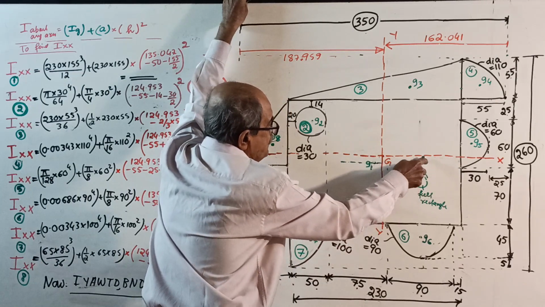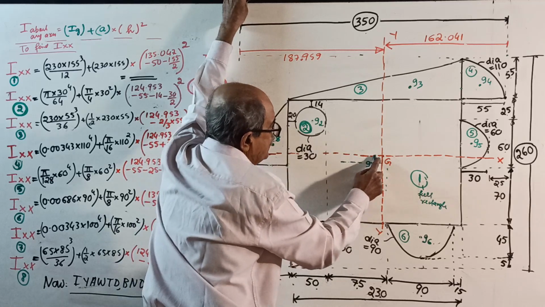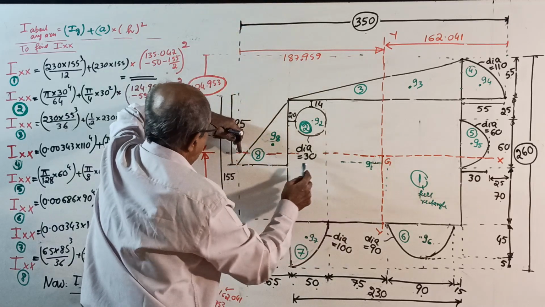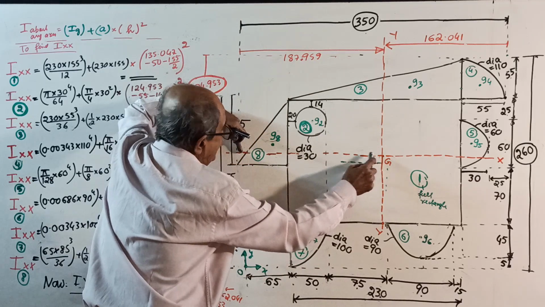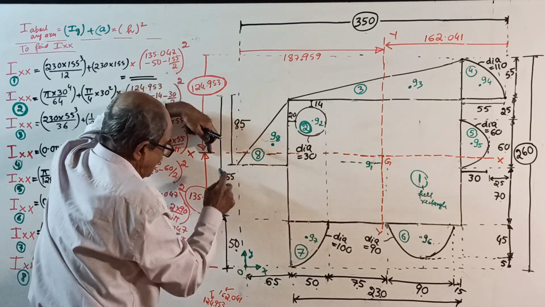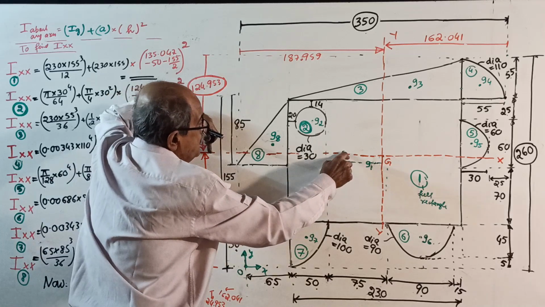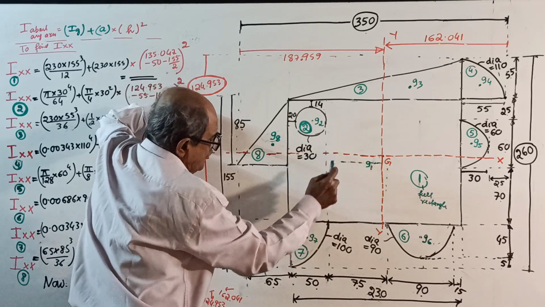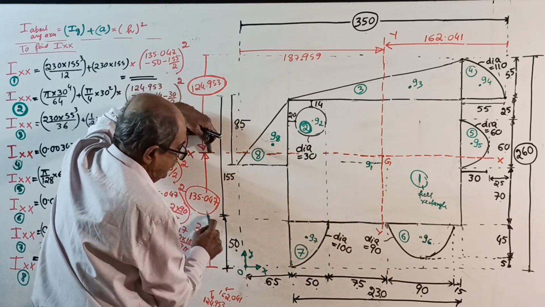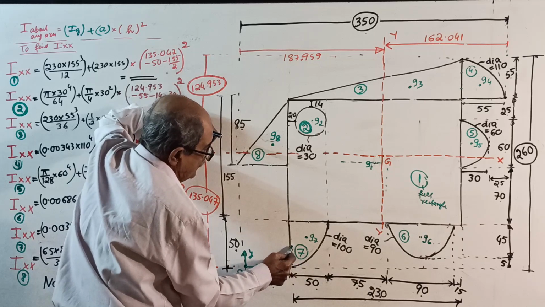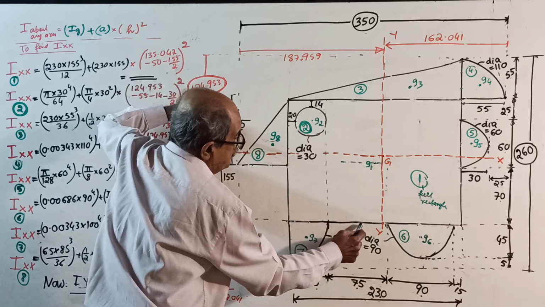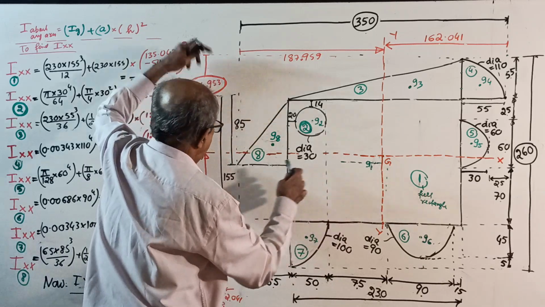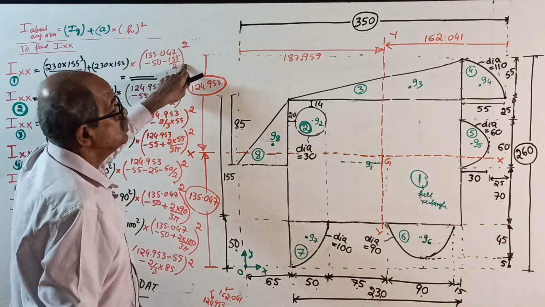What axis horizontal means, vertical distance squared. From here to extreme bottom, this level, it is 135.047 minus 50, then minus half of 155, whole square.